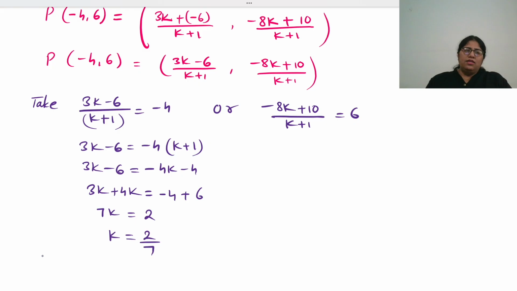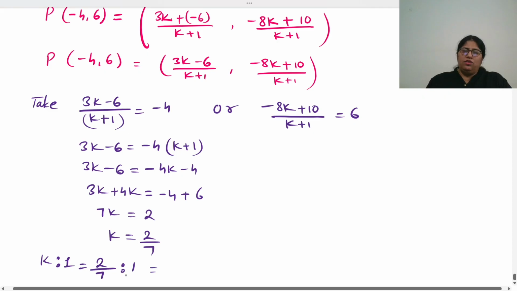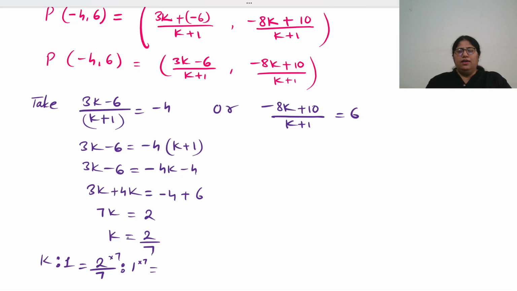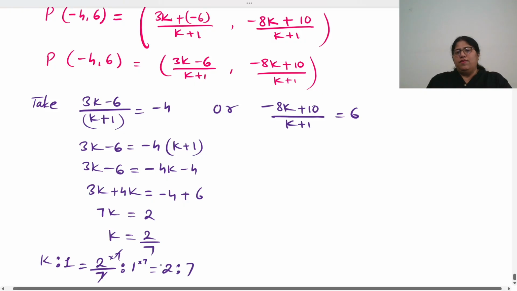Now if k is 2 by 7, k is to 1 is 2 by 7 is to 1. Multiply both terms by 7 to get rid of the denominator: the 7 cancels in the first term, and you are left with 2 is to 7. We don't write a ratio in fractional form.